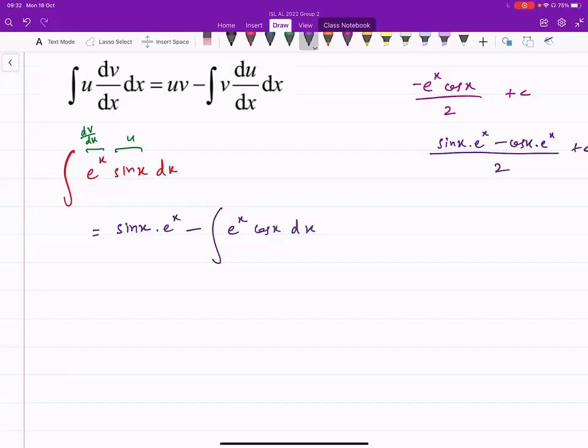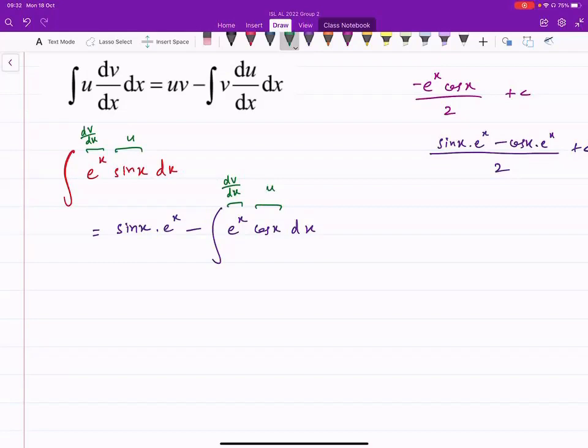Now we again have a product, so we have to apply integration by parts again. Again we take e raised to power x as dv over dx, as before, and cos x as u.